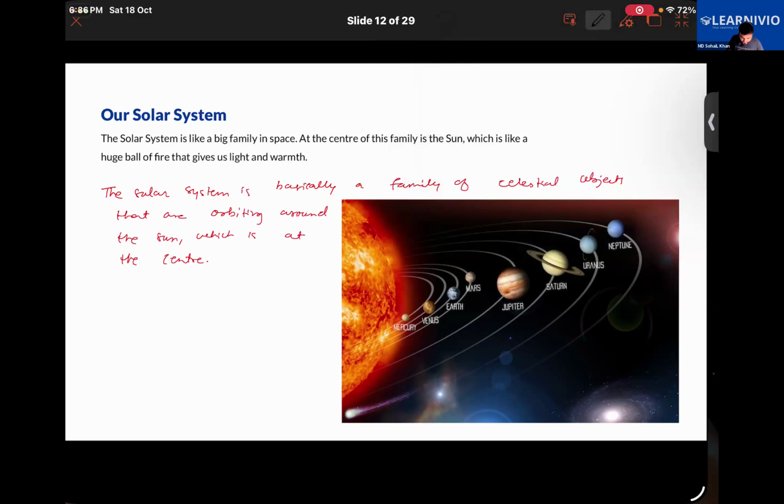By celestial bodies here, I refer to every other object in the universe, in space, except for Earth. They are called celestial bodies.